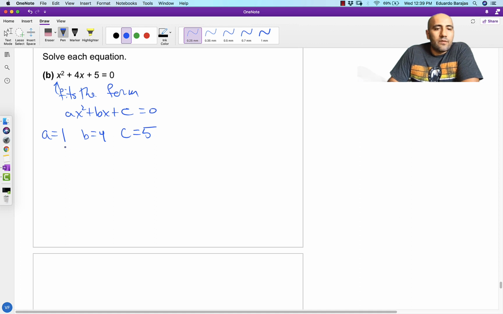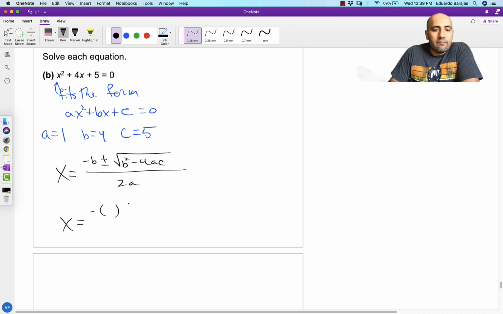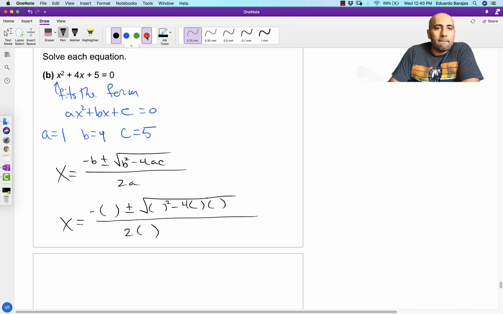Oops, equals 0. And so that means that x is going to be equal to negative b plus or minus the square root of b squared minus 4ac all over 2a. So x is going to be negative b plus or minus the square root of b squared minus 4 times something all over 2 times something. Let's plug them in. So this becomes a 4 there and a 4 there.